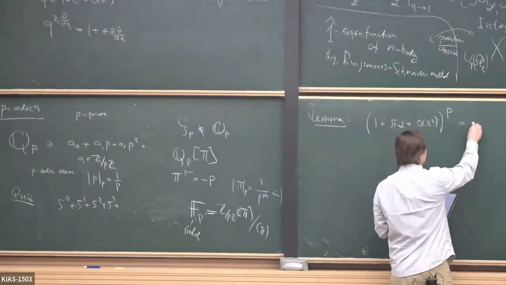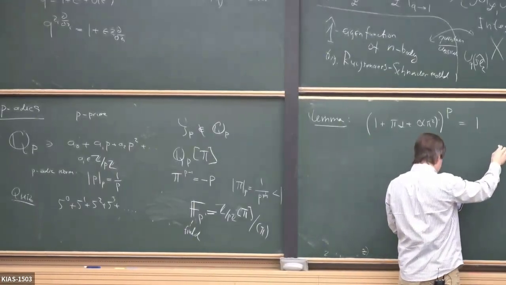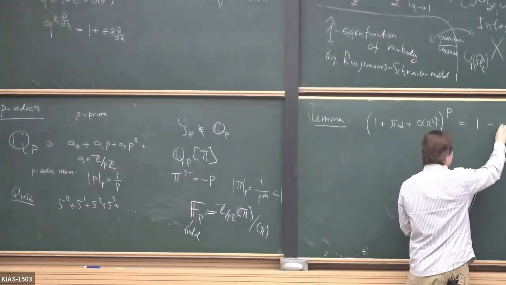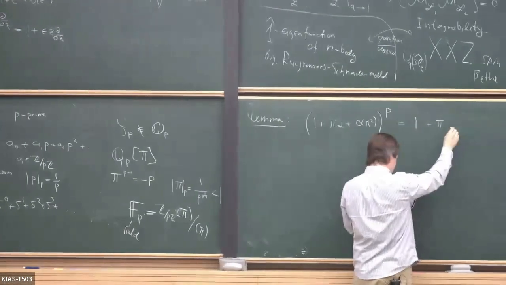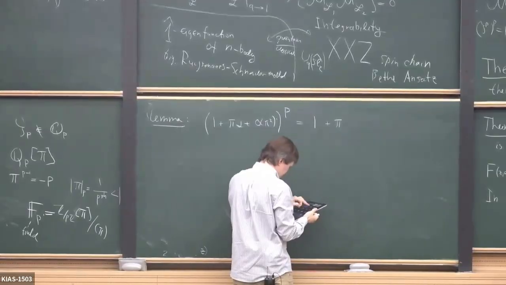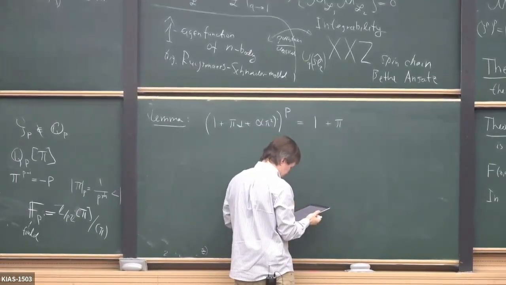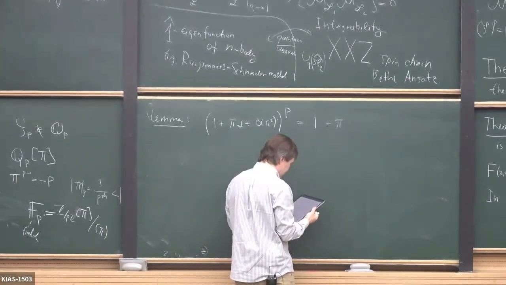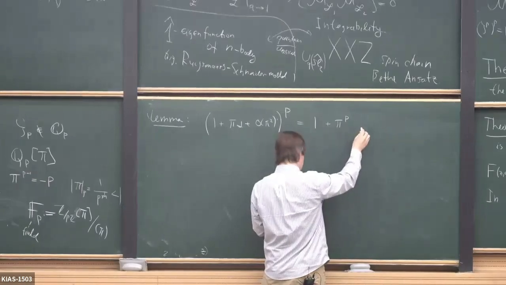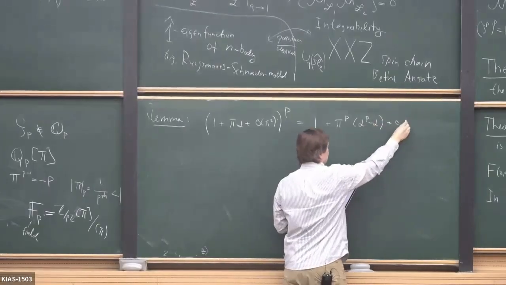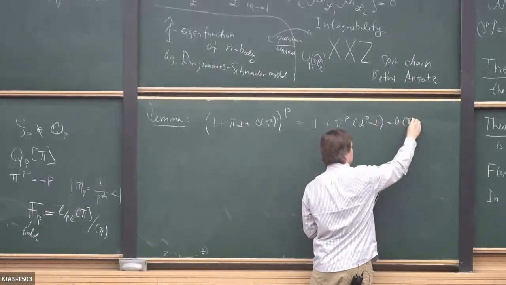So you'll see that you're going to get 1 plus pi to the p, alpha to the p minus alpha, plus order of pi to the p plus 1.